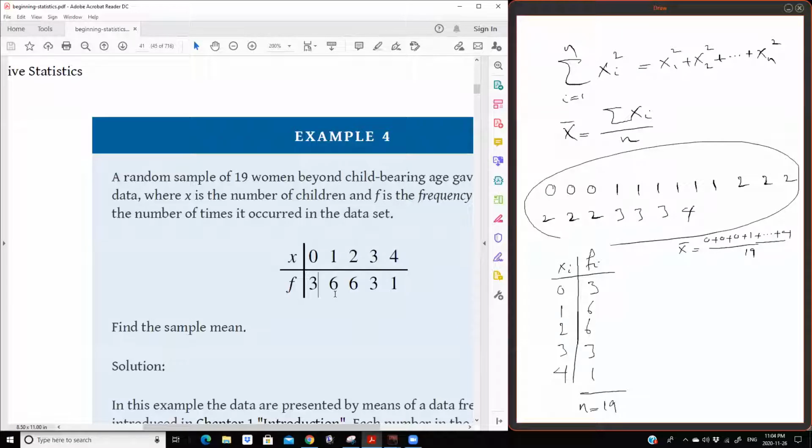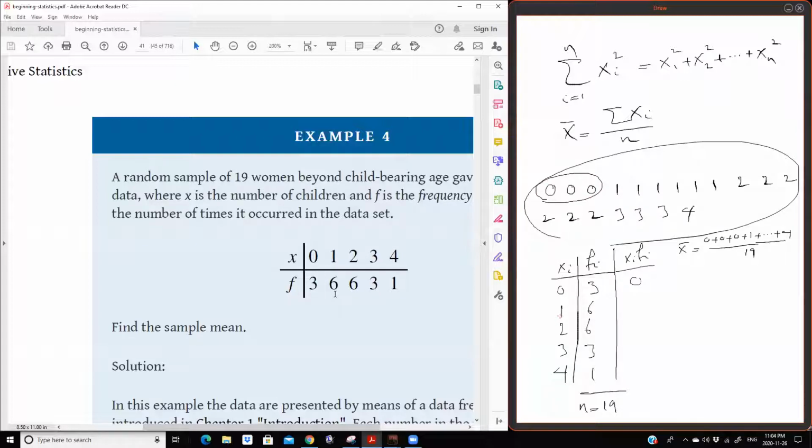I multiply xi and fi. When I do 0 times 3, I get 0, which is the sum of these 3 numbers.